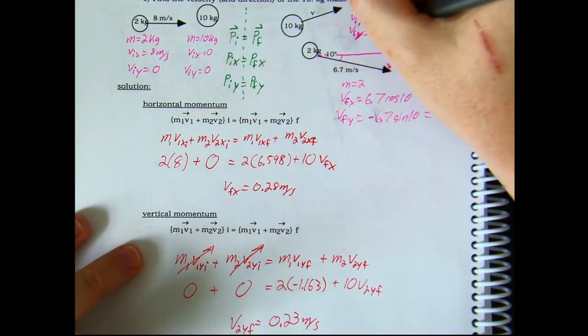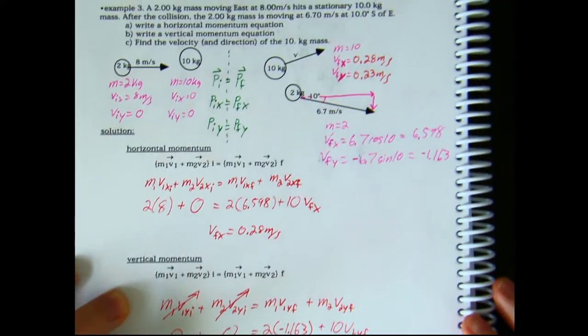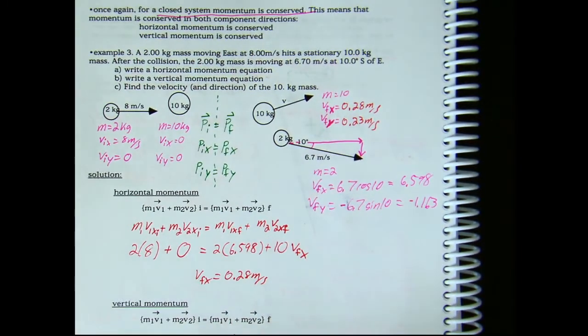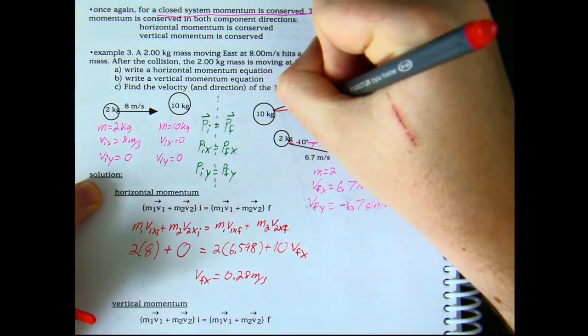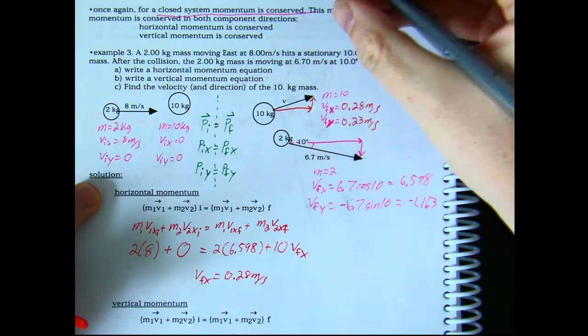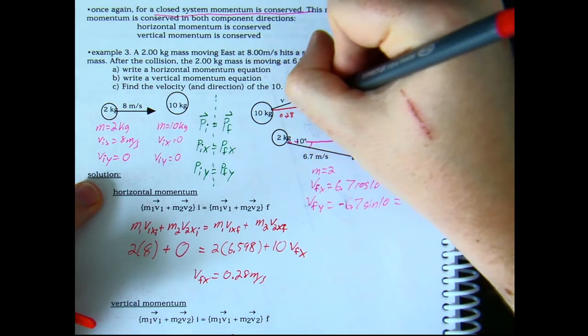So then up here, 0.23 meters per second. Those are my x and y components. So if we draw those in, we can see that there's my x, there's my y. My x was 0.28, my y was 0.23.